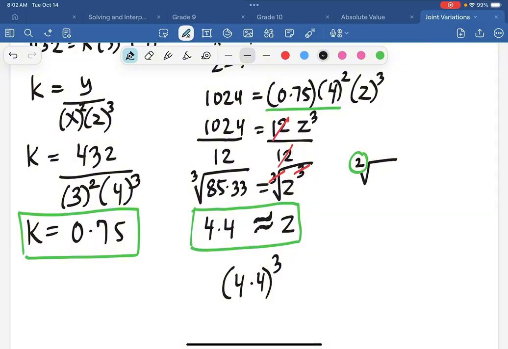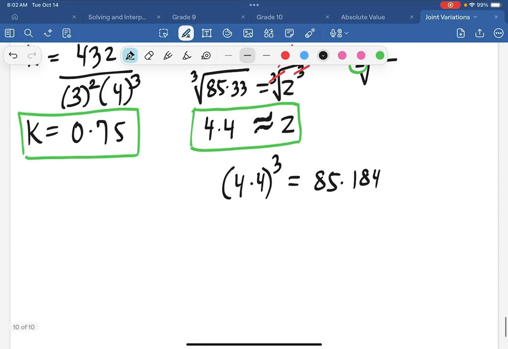The result is 85.184, which is close to 85.33. If we expand this, we have 4.4 times 4.4 times 4.4. So based on this, all of them have positive signs.